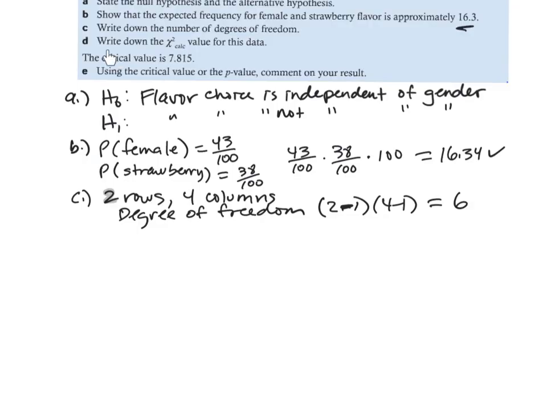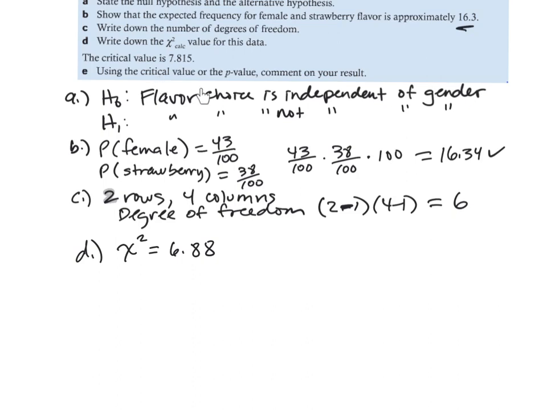Okay, the next thing we're going to do is write down the chi-squared value for this data. That's done on the calculator, so you'll practice that in class, and when you do, you'll see that chi-squared turns out to be 6.88 to 3 significant figures. So now we can make a conclusion. If we're told that the critical value is 7.815, we can use the critical value or the p-value and then comment on the results.